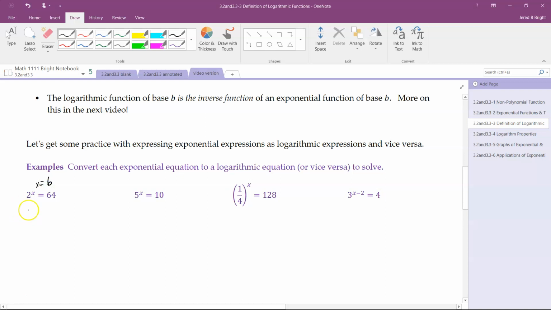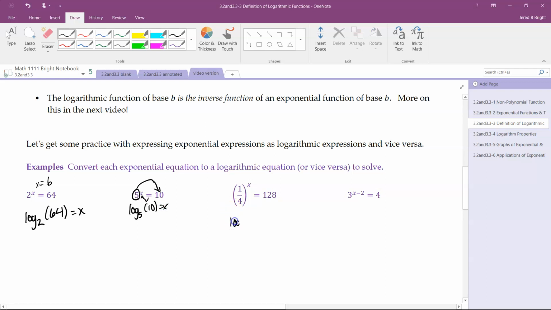So this would be log base 2 of 64 is equal to x, and eventually we'll learn how to simplify this more, but it does end up being 6. This next one would be log base 5 of 10 equals x.